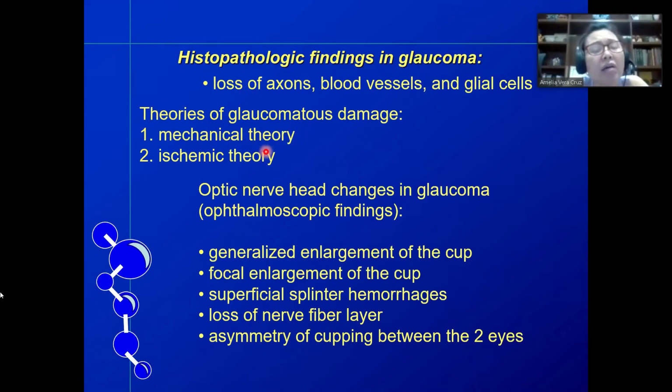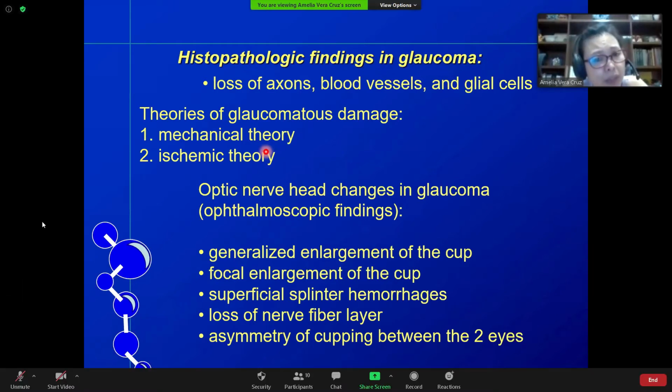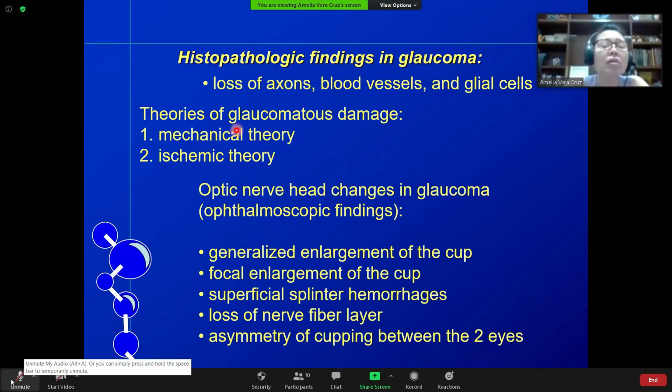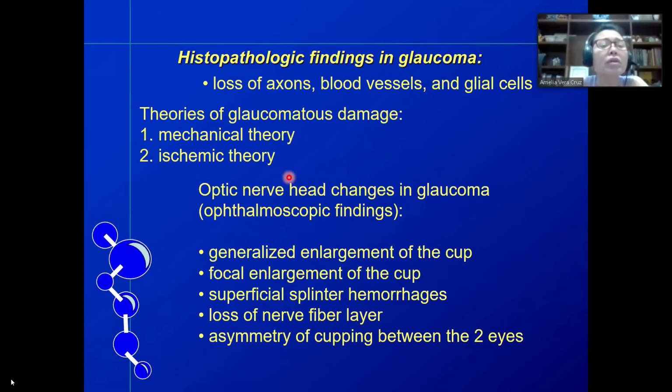Kaya lang, paano ngayon ang normal tension glaucoma? Hindi naman mataas ang pressure. Why is there damage? As of now, the most accepted theory is your ischemic theory. The blood supply talaga, mainly the blood supply. Anything that will decrease the blood supply to your optic nerve will cause damage.